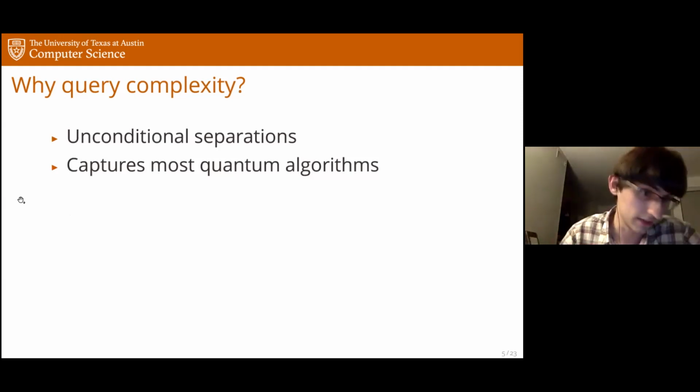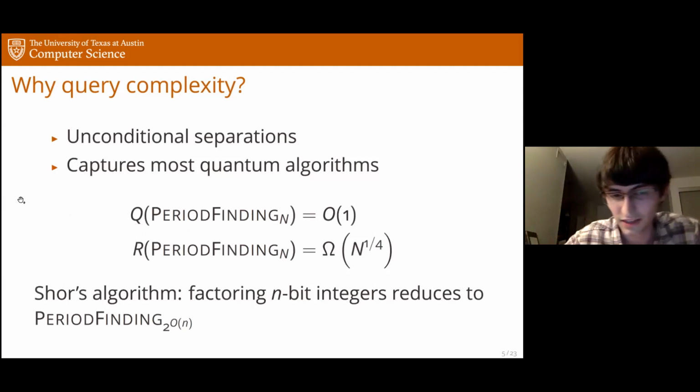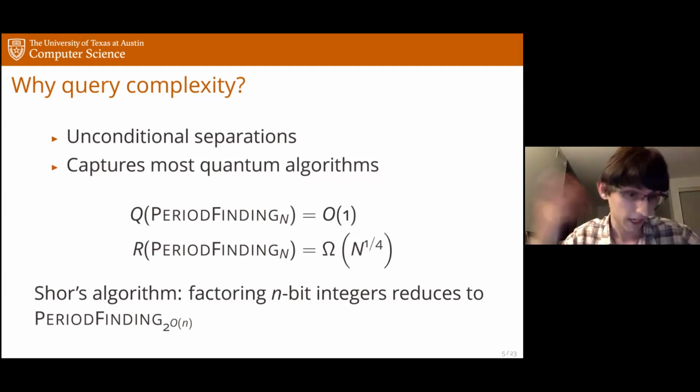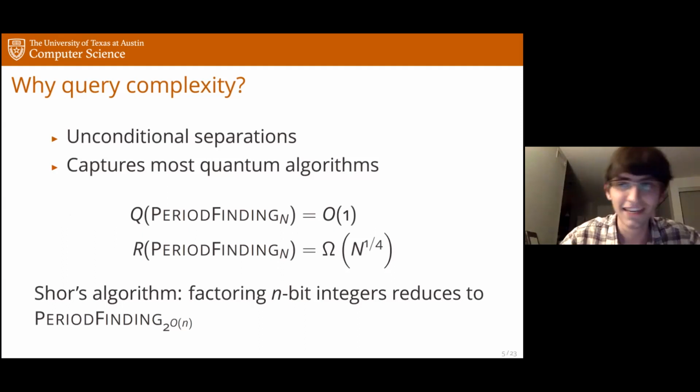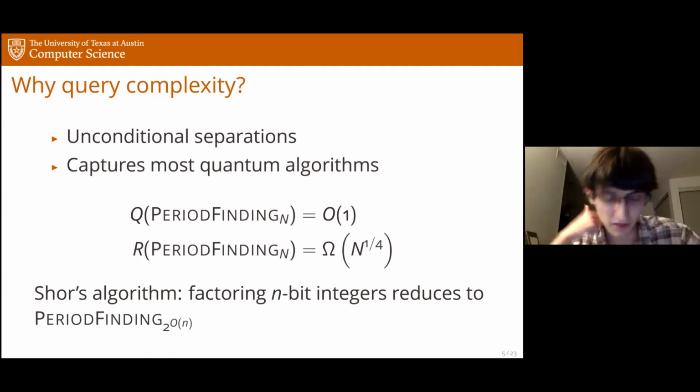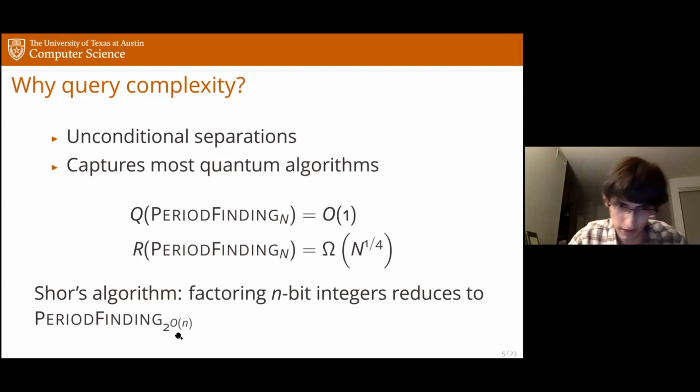To give an example, going back to period finding, in some sense Shor's algorithm is not really a factoring algorithm. What it really is is a quantum query algorithm for a problem called period finding, which can be solved in a constant number of quantum queries, whereas a very large number of queries are needed for any classical randomized algorithm. Then Shor's algorithm is just this query algorithm along with the observation that you can reduce factoring to period finding.